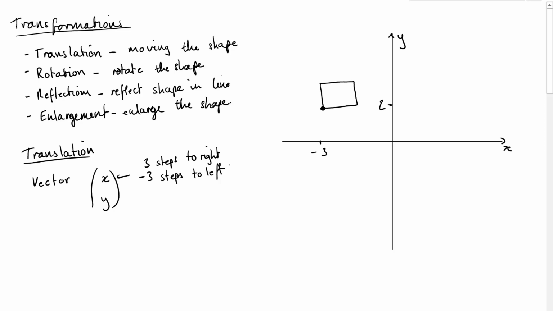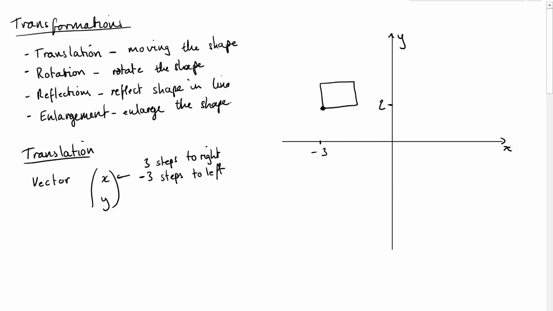We'd move in the opposite direction. And the same for y. If y was +7, we'd move 7 steps up the y-axis. If y was -7, we'd do 7 steps down. So that's all these column vectors will tell you. They'll just tell you how you need to move along the x-axis and along the y-axis.